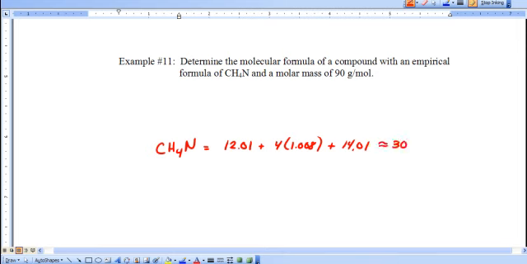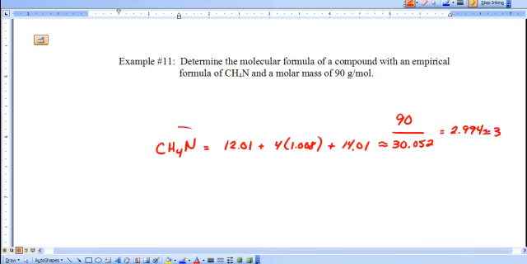Just for kicks, let's show you what the whole thing would look like. As you multiply all those together and add them up, I'm getting 30.052 as the actual mass of that empirical unit. And when you divide that into the actual molar mass, 90 divided by that is going to be 2.994, which is essentially 3.